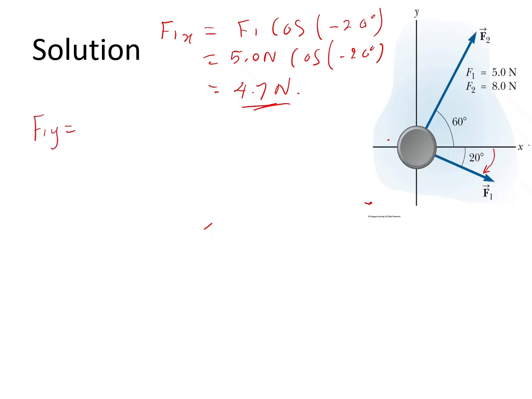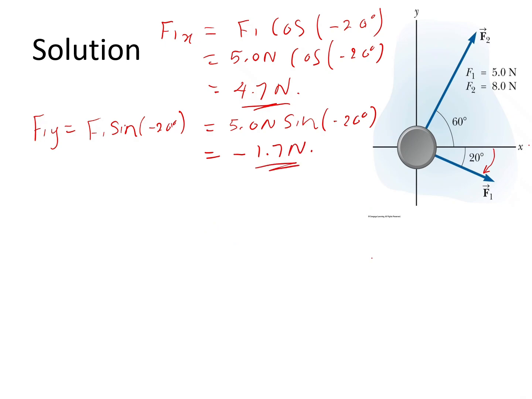F1y is given by F1 sine negative 20 degrees, which is 5 newtons sine negative 20, and that is equal to negative 1.7 newtons.